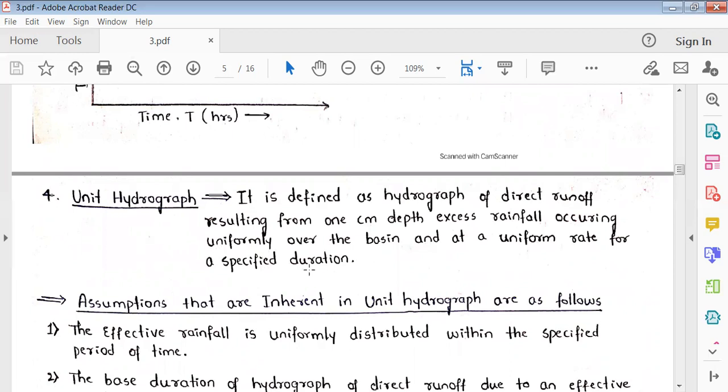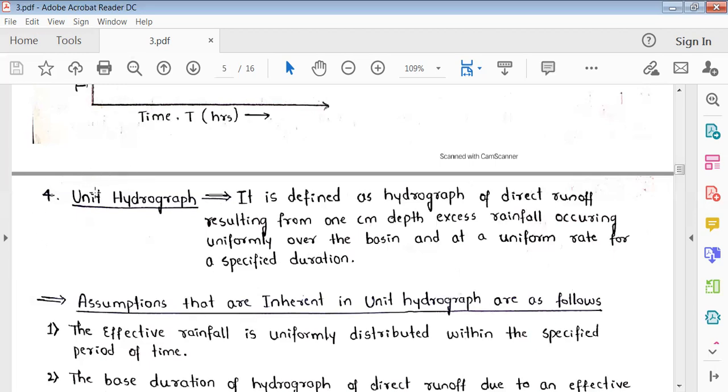It is defined as the hydrograph which will have only 1 centimeter excess depth of rainfall over a uniform basin at a specified duration of time.